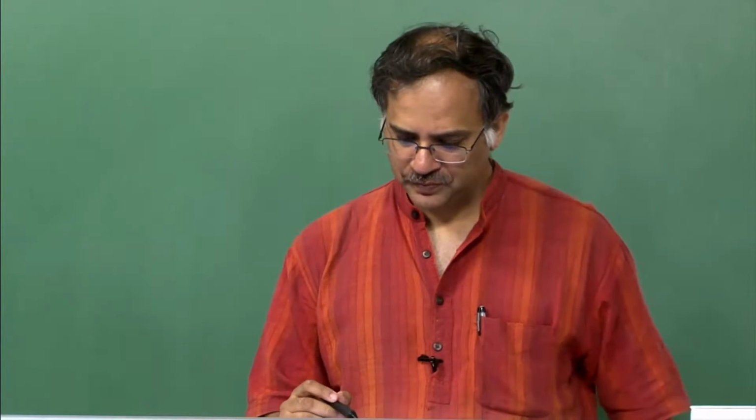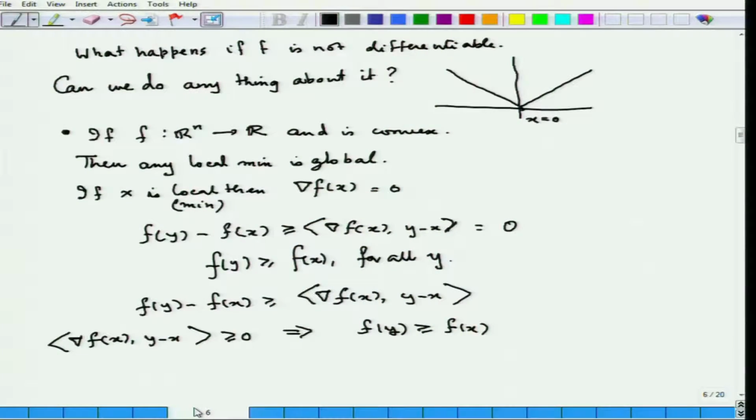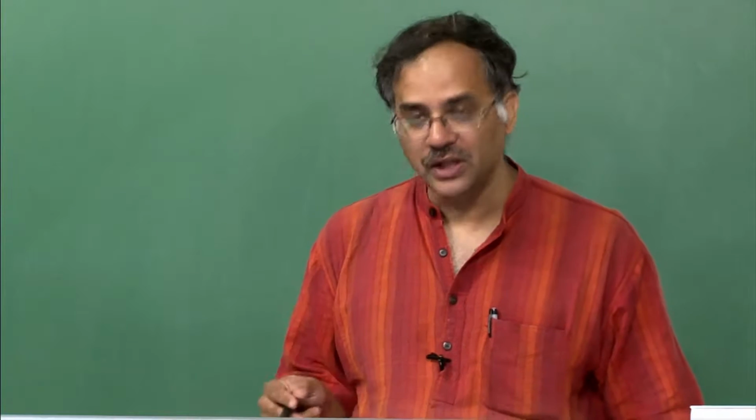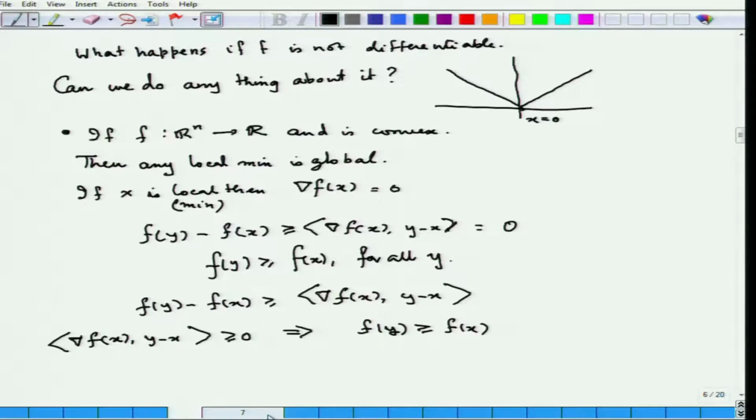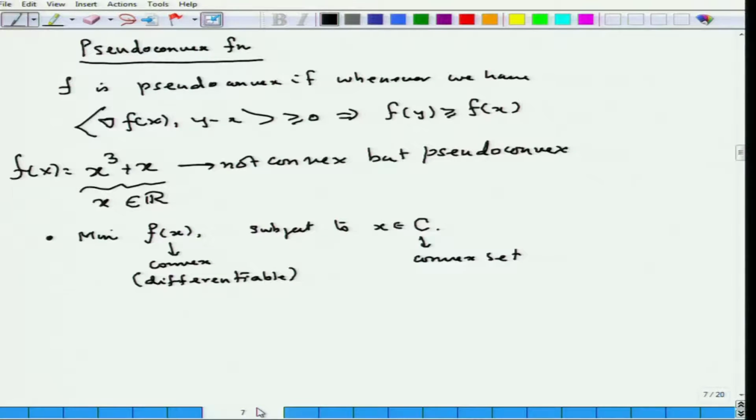Now, the question is, can I write a necessary and sufficient optimality condition? You have observed that every local minima is global. So, once you have a local minima, the necessary condition is grad of f(x) equal to 0, this is necessary, but once the function is convex, it is also sufficient, because once I have this, I know that this corresponding x is the optima. So, similarly, I am coming to this question.